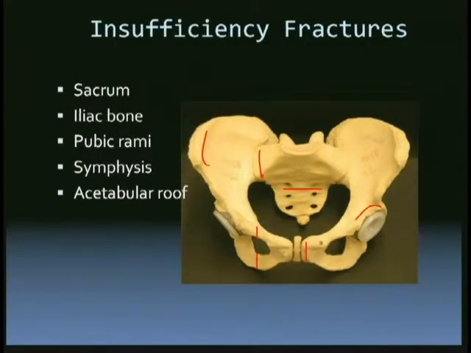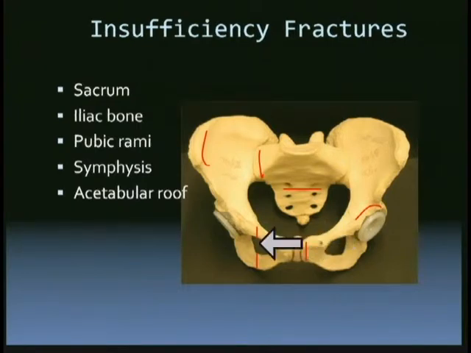Insufficiency fractures commonly occur in the pelvis and have very specific target sites. These are the most common in the sacrum, paralleling the sacroiliac joint, sometimes going in a transverse pattern through the sacrum. Parasymphysial are very common also, and if you see one, you should look for another because there are often multiple.